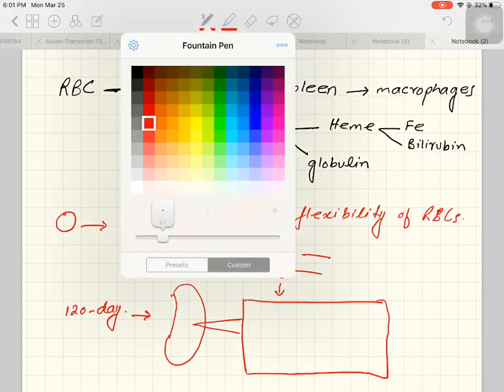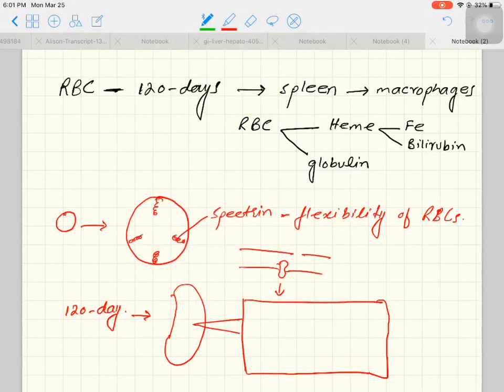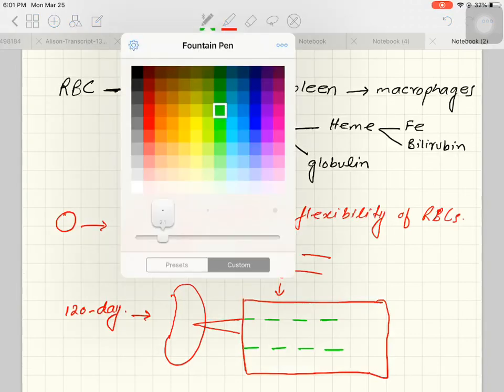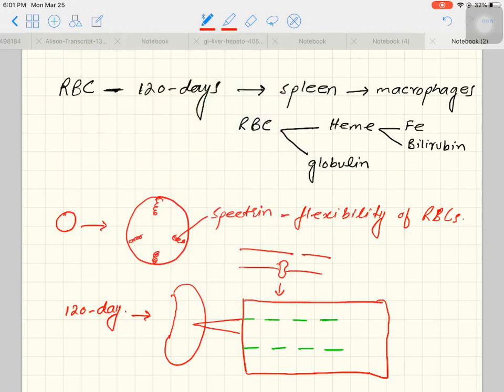They are stuck in the endothelial cells, a very fine network of capillaries. They are called reticuloendothelial cells, and the cords of Billroth. We can also call it like this. So the RBC cells are stuck here in the capillary network.